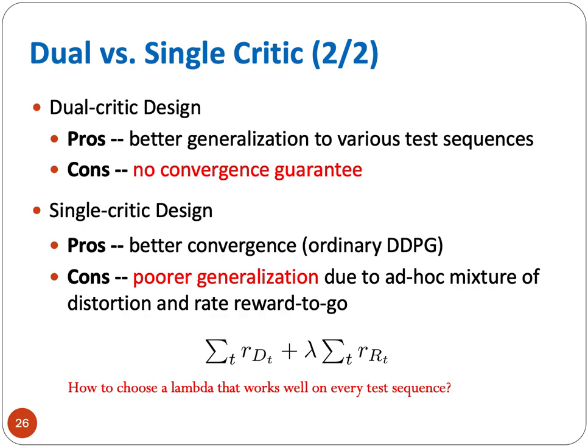However, how to choose the lambda that works well on every test sequence is a non-trivial problem. For an overall comparison, single-critic has better convergence, but shows poor generalization due to the ad hoc mixture of the distortion and the rate goal. As for Dual-Critics, it has better generalization to various test sequences, but it does not guarantee to have convergence.